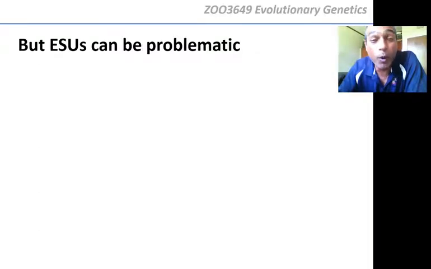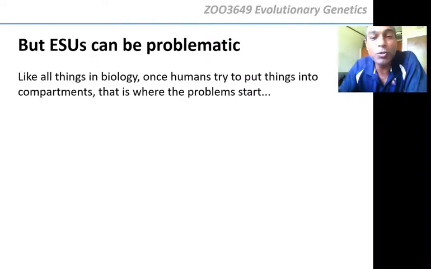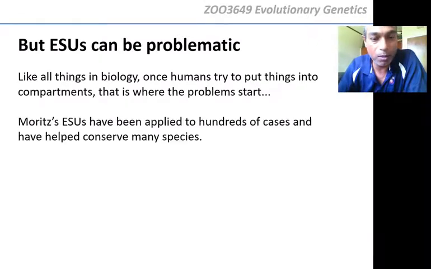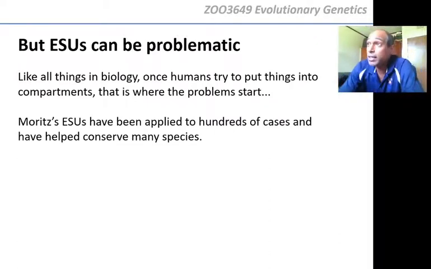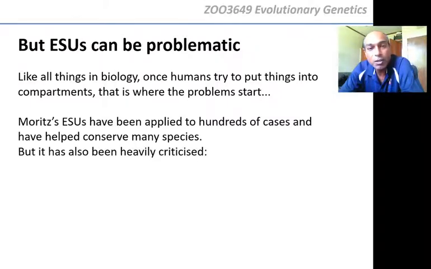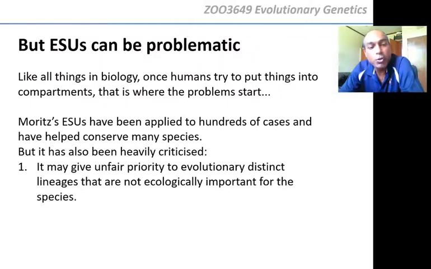So it's always important to do a big study with hundreds and hundreds of samples and lots of loci. But nevertheless, ESUs can also be problematic because biology cannot really be compartmentalized the way humans want to compartmentalize it. So, although the ESUs and MUs have been applied to many conservation cases, they've also been heavily criticized, for a couple of valid reasons.